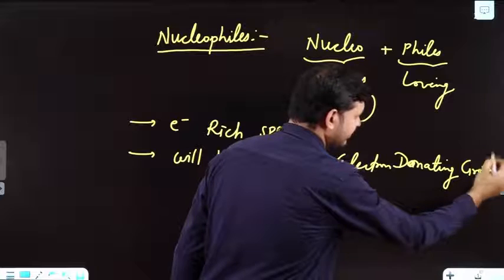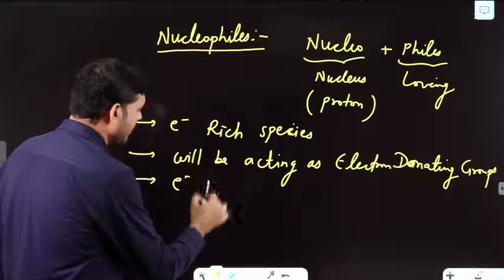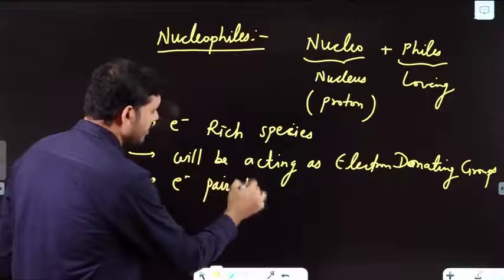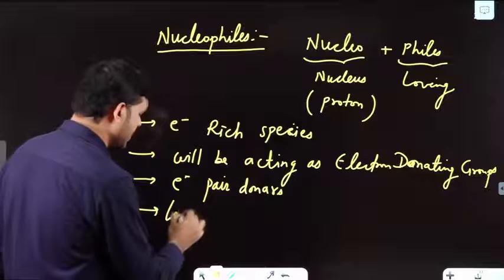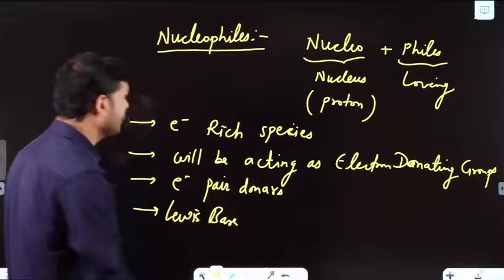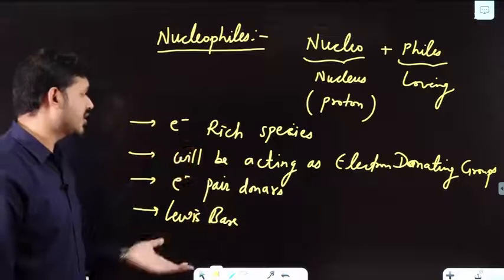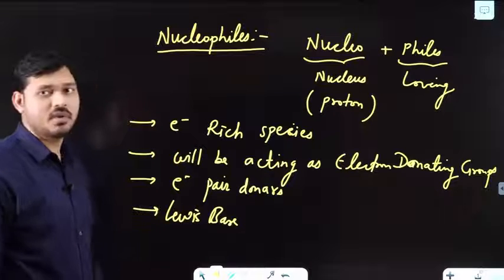Okay, next point we can say nucleophiles are actually electron pair donors. Okay, they act as Lewis base. Clear? So these are the properties of nucleophiles. They are electron rich species, Lewis bases, electron pair donors.